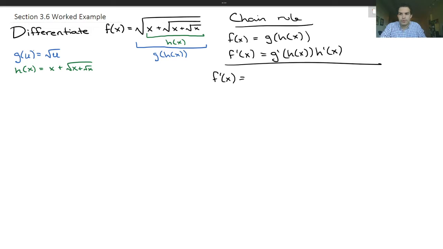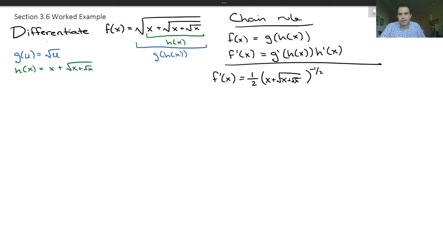Well, we know what g prime of x is. That's going to be 1/2 x to the negative 1/2. So 1/2, and we keep h of x the same. So inside here, we just write h of x, square root of x plus square root of x, and then to the negative 1/2 power.